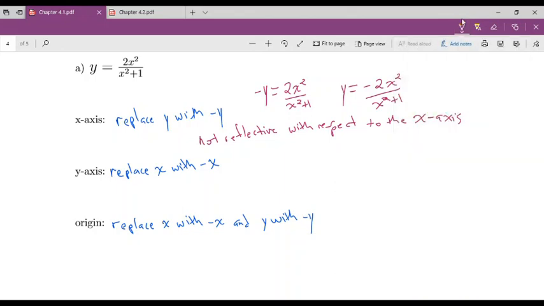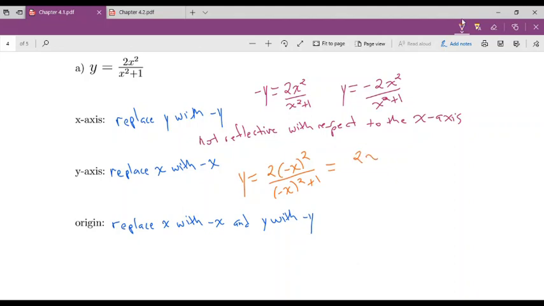So if we want to see if it's reflective with respect to the y-axis, we replace x with negative x. And if it gives us the same function, then it works. So what I get here is y equals 2 times negative x squared over negative x squared plus 1. Now, if I square a negative, it becomes a positive.